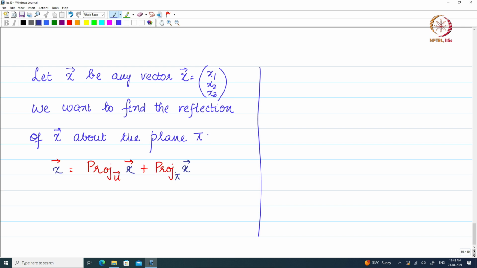This is what we have. So, that is nothing but we are going to call this p of x plus, let us say, the projection along the plane.